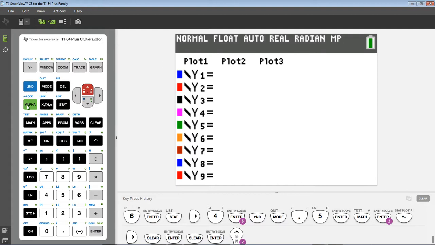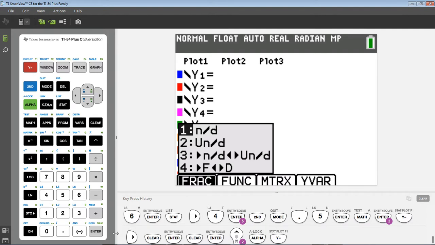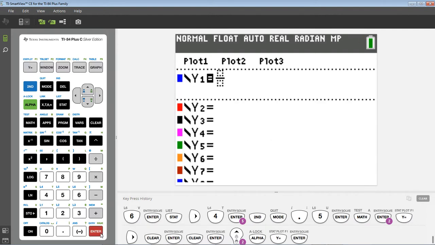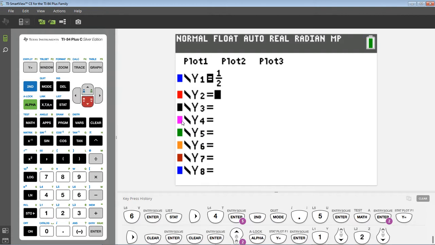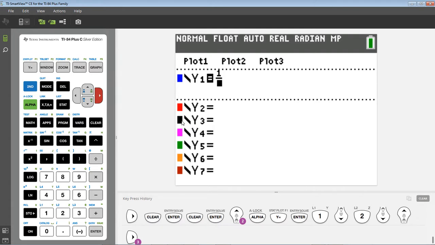Now to enter it in just as it appeared, we can hit alpha y equals and then enter to get this fraction bar. And we'll put 1 in the numerator and 2 in the denominator. Whoops. And then hit right arrow a couple of times until you're sitting next to the 1/2. Then put an x. And then put plus 3, just like that.